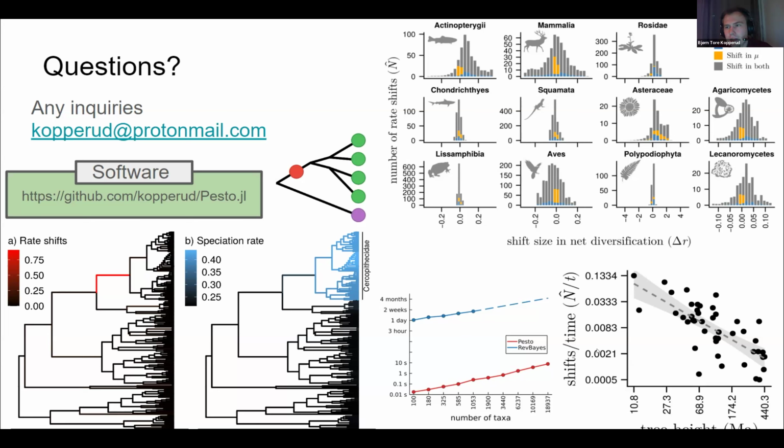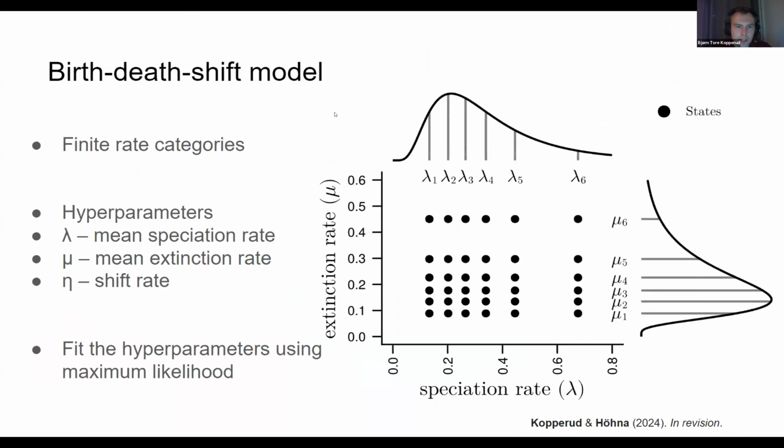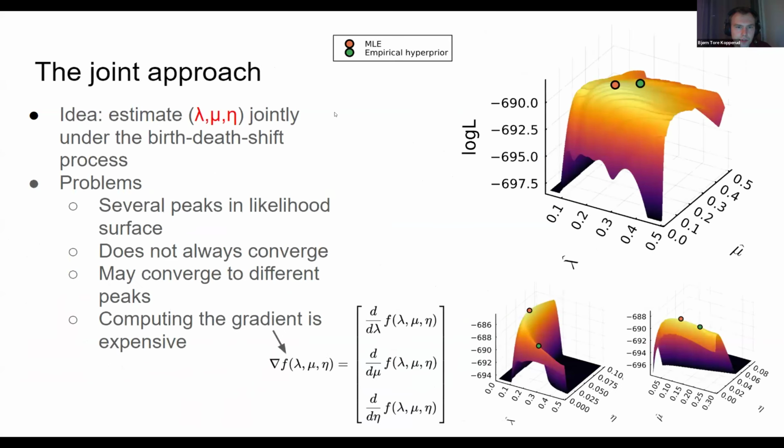We also have tested the performance of these models on simulated trees, which I didn't show in the talk because I thought there was not enough time for it, and it's relatively complicated. But I have a supplemental slide where I have some notes on this.